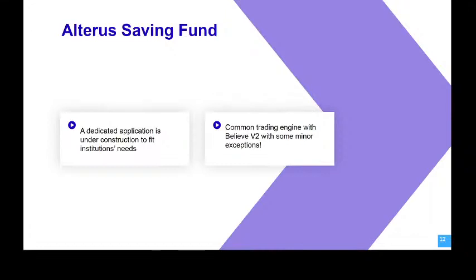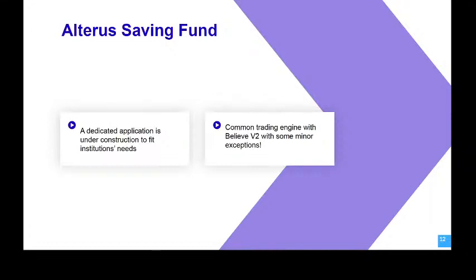And we will not reinvent the wheel from scratch. We already have a very good trading engine for V2, so we will be using the same one. We are in fact using the same one for Altruist with some minor exceptions, to make the trading engine appropriate for the institution's demands.